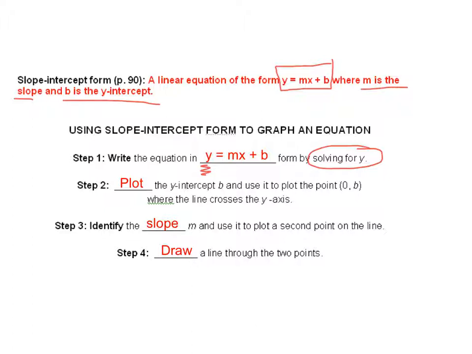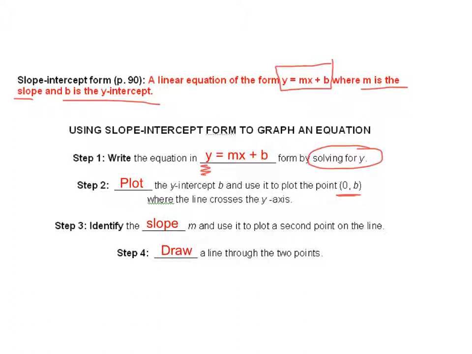Step 2. We always start, after we have this equation, by plotting that starting point, aka our y-intercept. Our y-intercept is a point always of the form 0, b. That'll be the spot where your graph crosses the y-axis. So you're going to put a point on your y-axis. After that, we move into step 3.